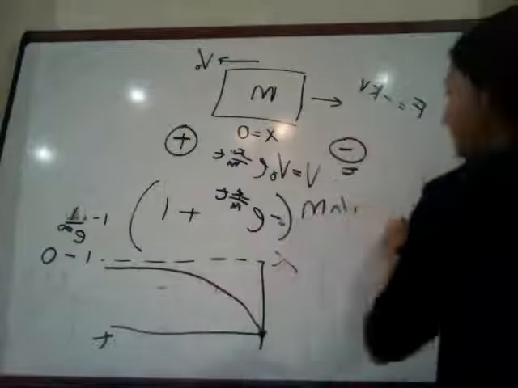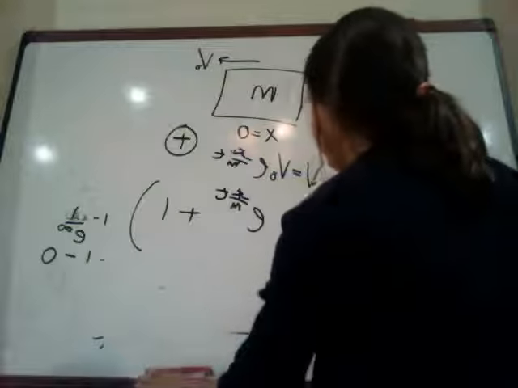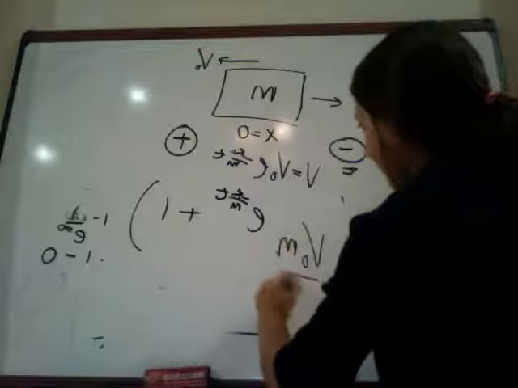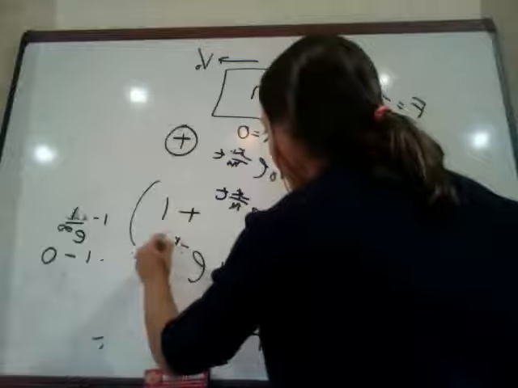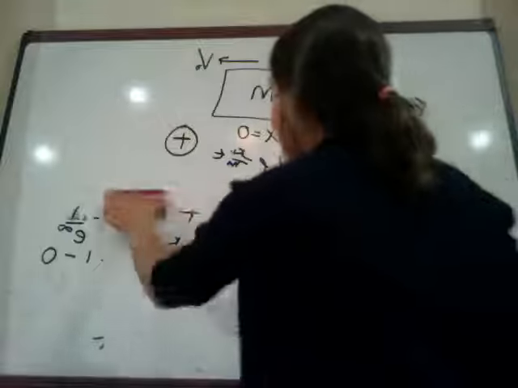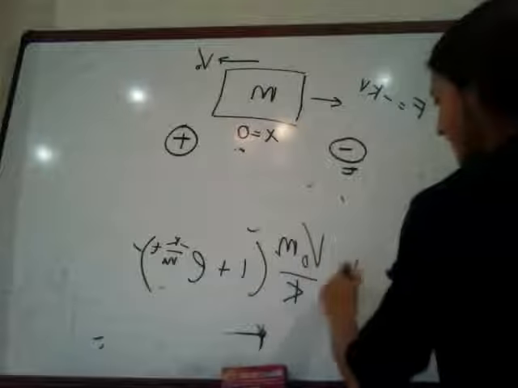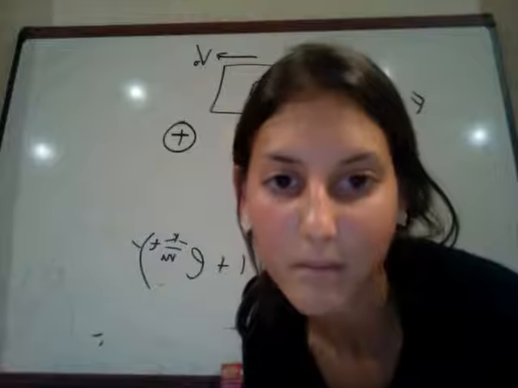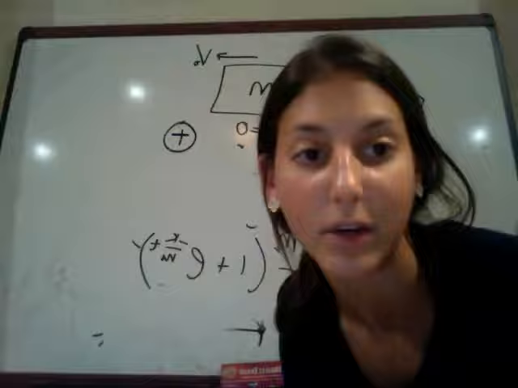Part D. Remember, x equals V0 m over k times 1 minus e to the negative k over m t. That's the final equation we're left with. Now part D asks, determine the distance the object travels from t equals 0 to t equals infinity.